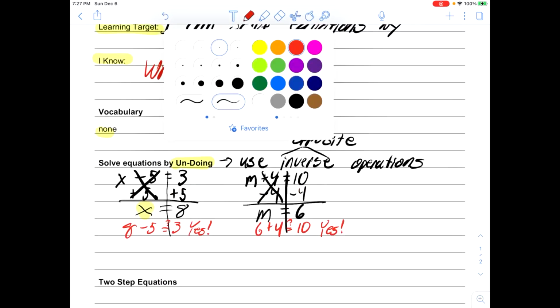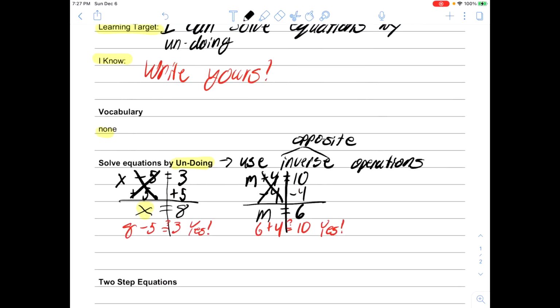I can do the same thing with multiplication and division. So if I have 5 times y equals 30, well, to undo multiplication, the opposite of multiplication is division. So instead of times 5, I'm going to divide by 5.